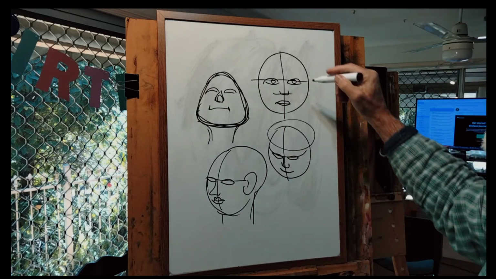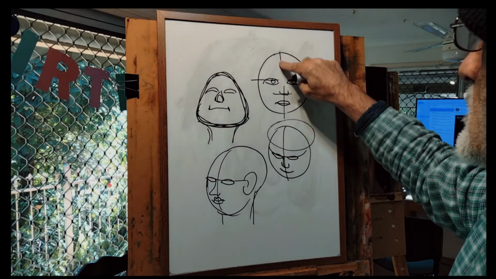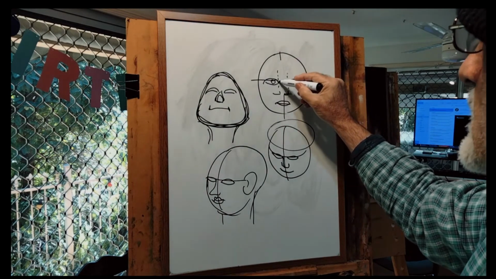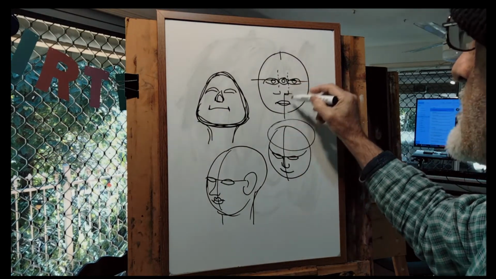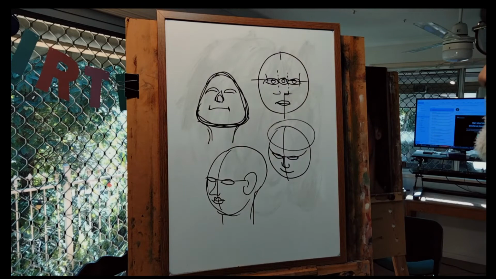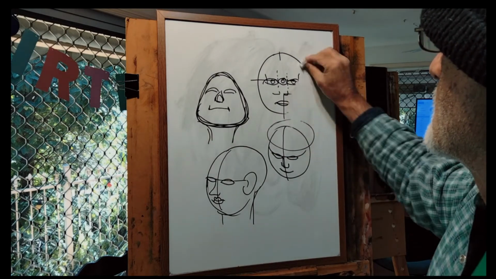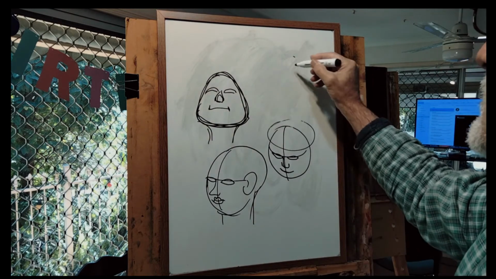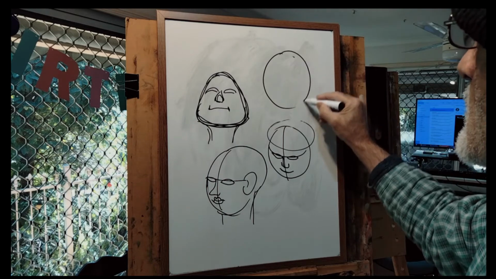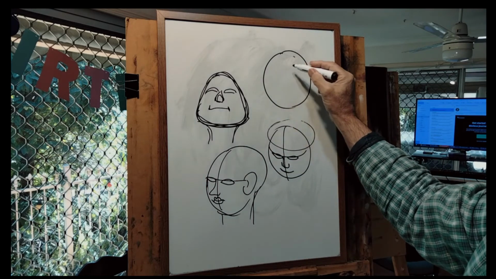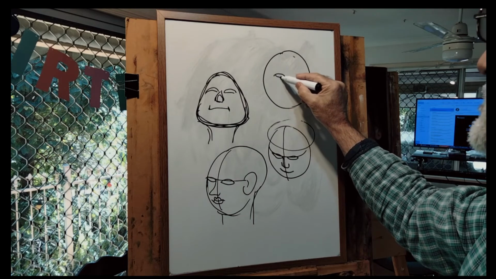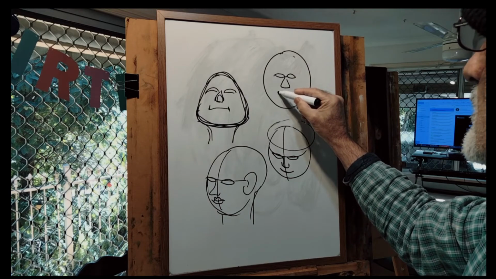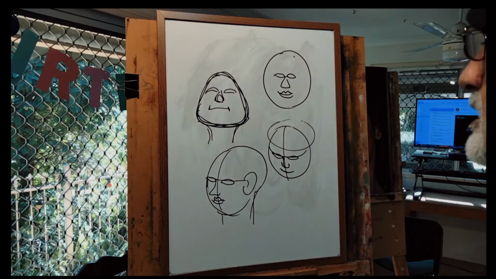Something else to bear in mind that I didn't mention before: the gap between the eyes tends to be the same width as an eye. If you draw eyes too close together, the person is going to look sneaky.